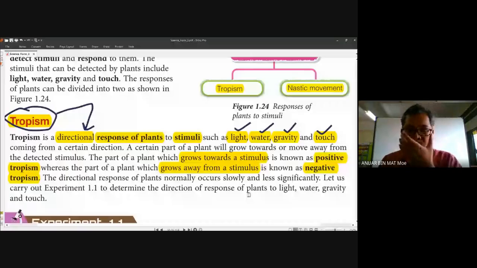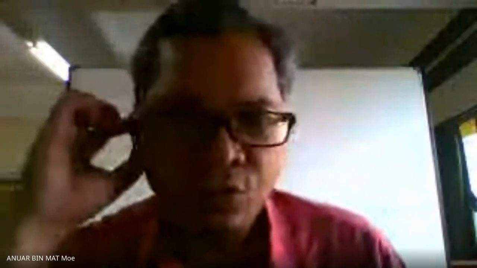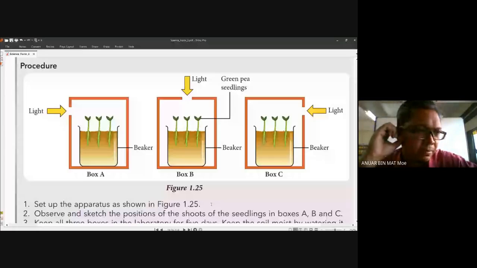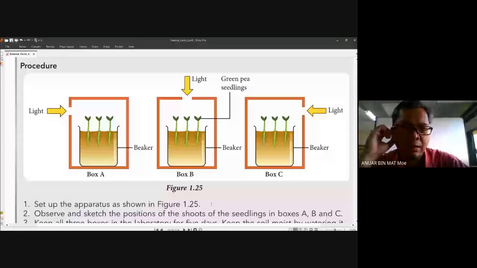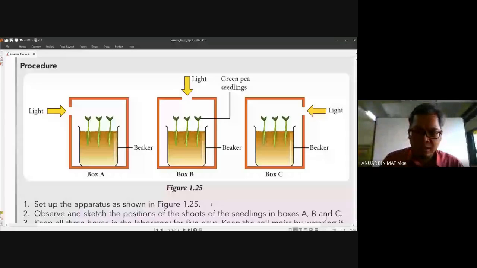Okay, can you understand this? This is what we call tropism, the stimuli and the responses in plant. I need you to do this actually in the experiment, but never mind.